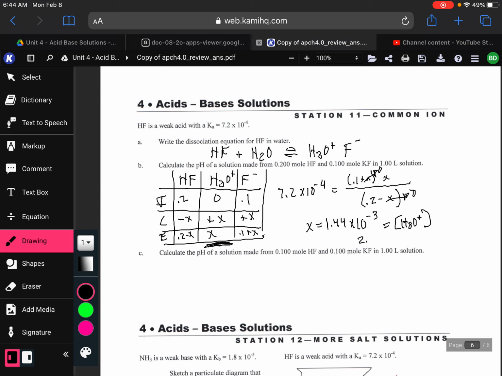What do we want? It looks like we want 2 sig figs. 2.8 is the pH. Alright, so that's how you would solve for that. On C, you do the exact same thing, except you're going to start with 0.1 up here instead of 0.2. So obviously, if you have less acid, that means your pH is going to go up a little bit. So whatever you get should be higher than 2.8.